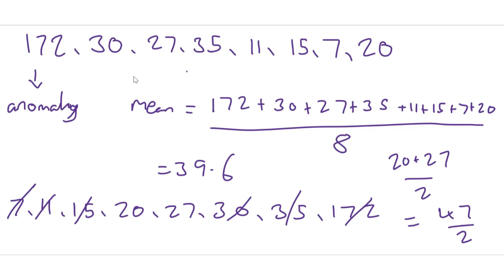If you get asked what a problem with the range is, it's that if we have an anomalous result, it can make it seem like the data is really spread, when in fact it's just one data point that's an anomaly miles away. The range is very heavily affected by anomalies.